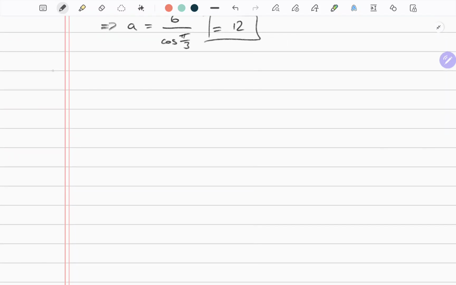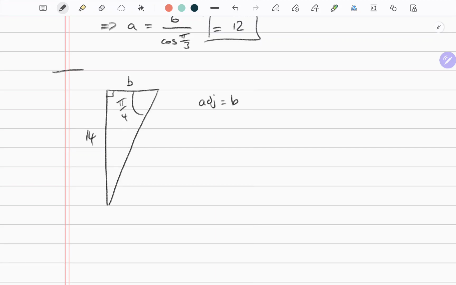Let's try another one now then. So we have again another dodgy triangle, but there's your right angled triangle. We have this side length as 14. We have this angle as pi by 4, and we want to find B. So the adjacent side length is B that we're looking for.